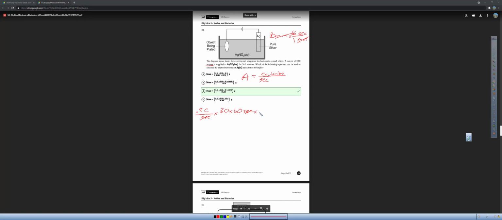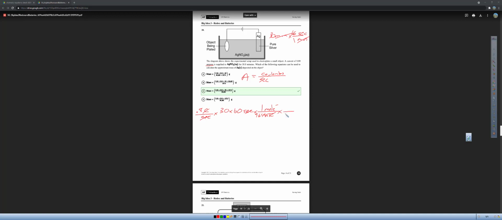Well, from coulombs, I can go to my equations page. And I know Faraday's constant is telling me there's 96,485 coulombs in 1 mole of electrons. And finally, I'm looking for the molar mass.